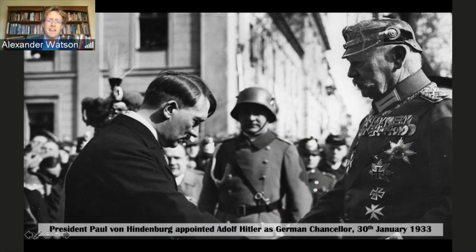And Hindenburg desperately needed a politician with mass support who could break the political deadlock that after years of crisis, Germany found itself in. So there's a direct relationship between the Nazis' electoral success and Hitler's appointment as Chancellor.